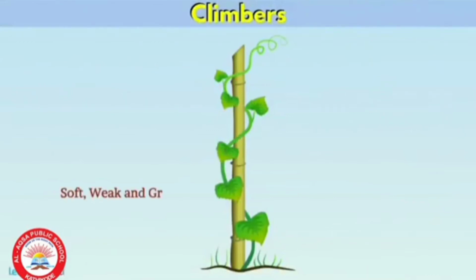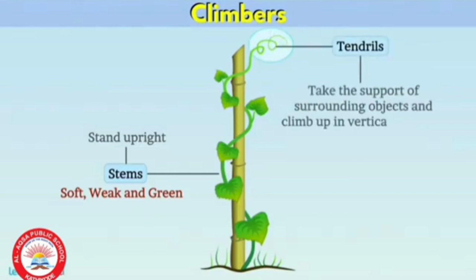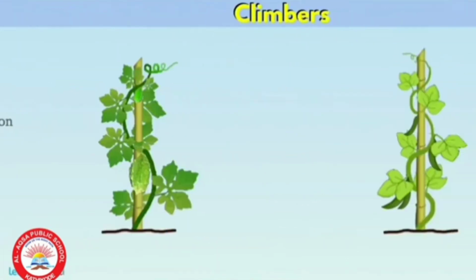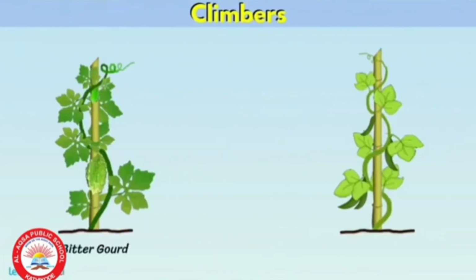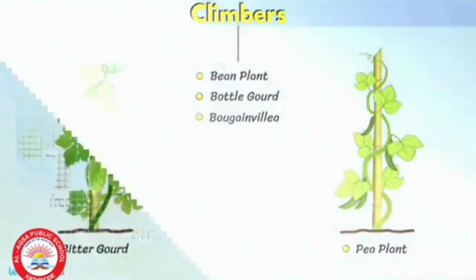These have soft, weak and green stems, and they have tendrils. These tendrils take the support of surrounding objects and climb up in a vertical direction. Examples are bitter gourd, pea plant, bean plant, bottle gourd and bougainvillea.